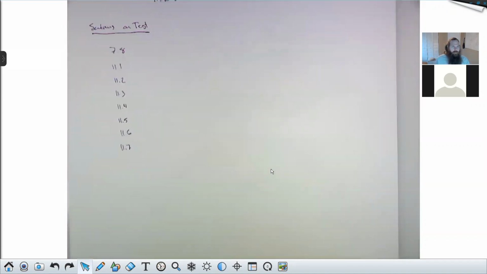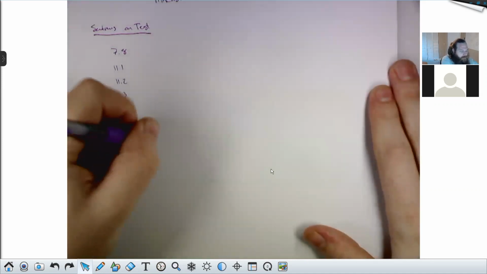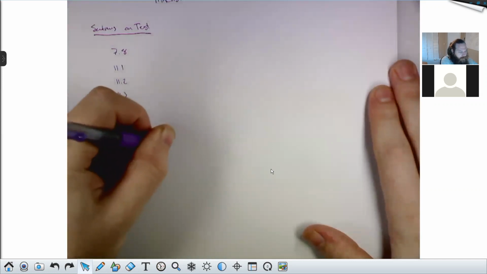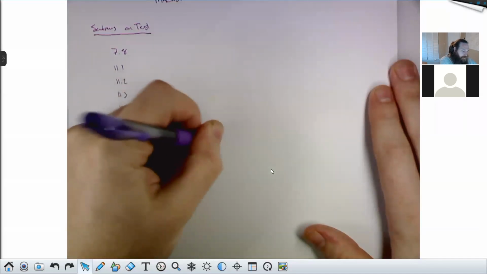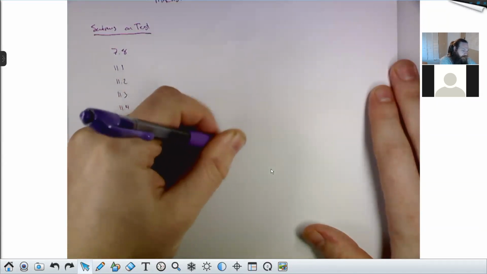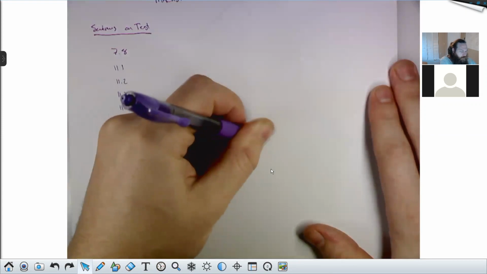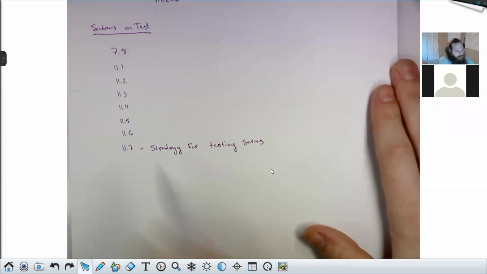Although 11.7 doesn't have anything fresh in it. 11.7 is just an amalgamation of problems from 11.2 through 11.6. This is called strategy for testing series. And one of the things I want to discuss with you guys today is a little bit of this section of the book, which might help you.